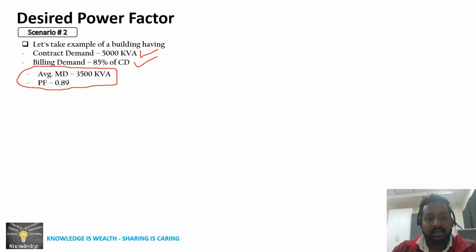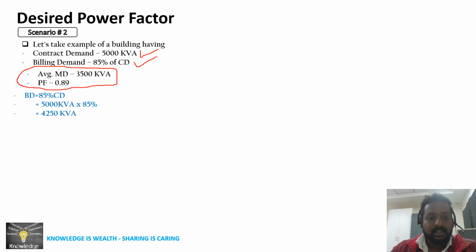Let's calculate whether this building is operating optimally. Is there any chance of reducing the cost by surrendering some contract demand, or reducing the kilowatt consumption by increasing the power factor?